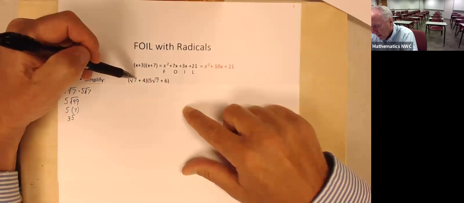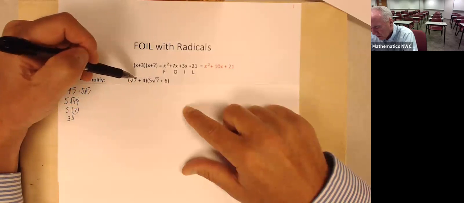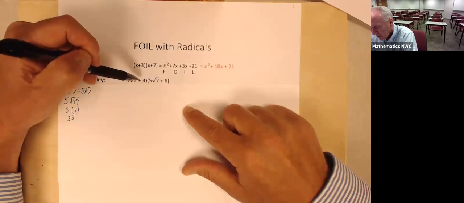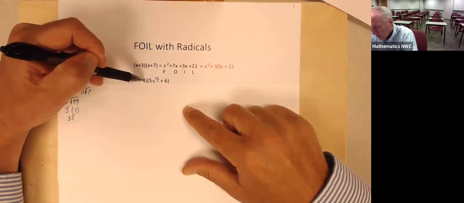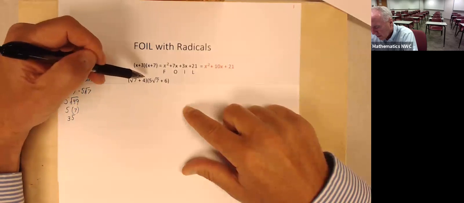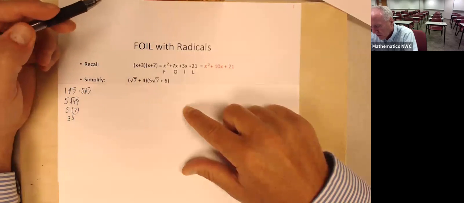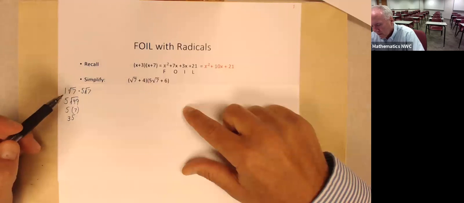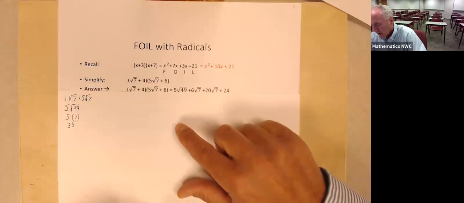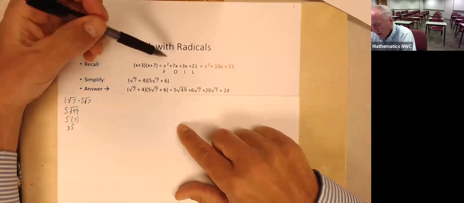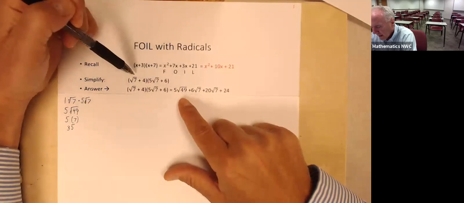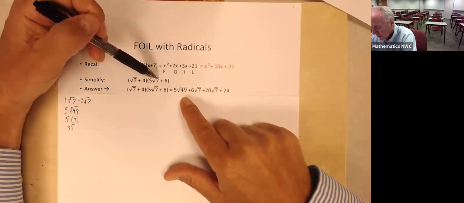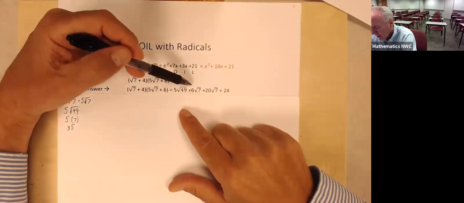Then I'm going to multiply the outer terms. That's going to be just simply 6 radical 7. The inner terms, 4 times 5, will be 20 radical 7. And the last term would be 24. But notice the first one here, I was able to reduce it down. So I got radical 49. That's radical 7 times 5 radical 7 gives you 5 radical 49.